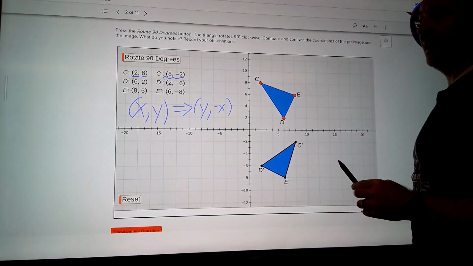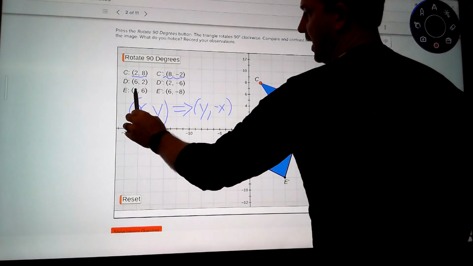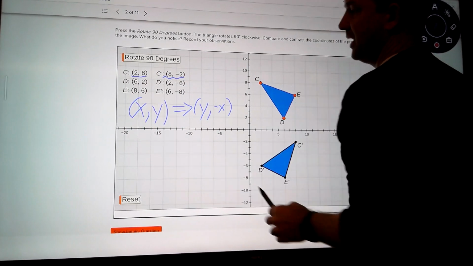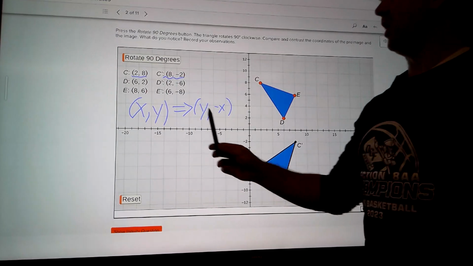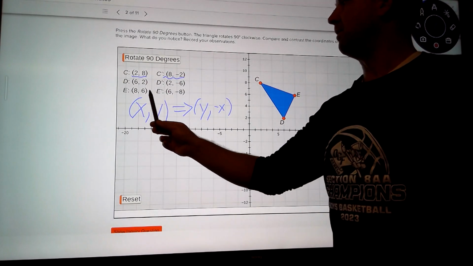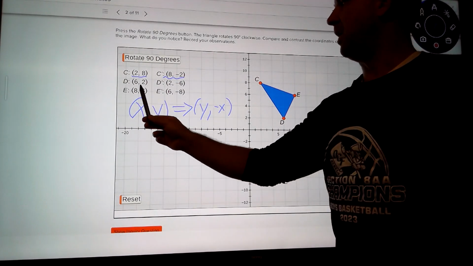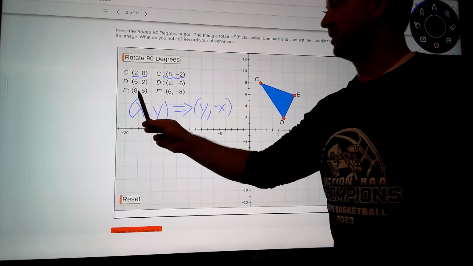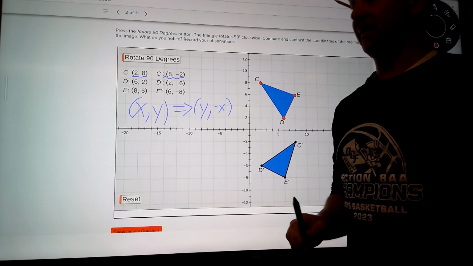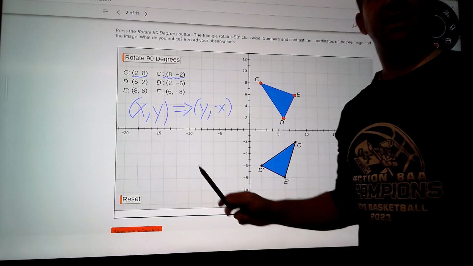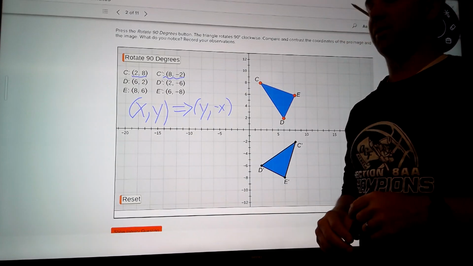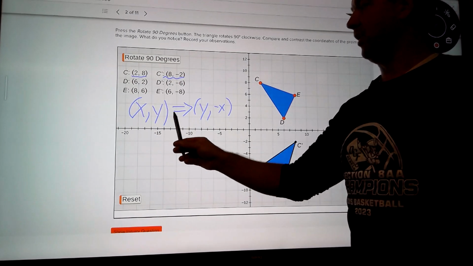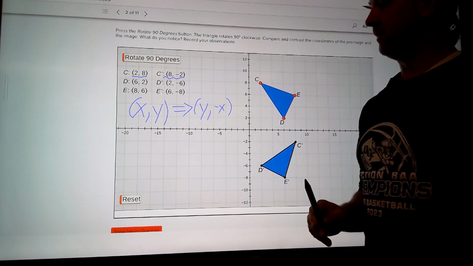Yes, it held true again. How about E? My x was 8, my y was 6. My y becomes my x, and my y is the opposite of x. It worked again. So in the back of the room, you will see that for a 90-degree clockwise rotation, it goes from x, y to y, opposite of x.